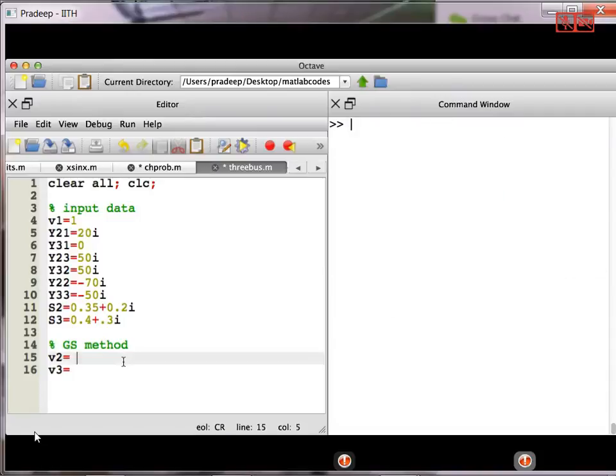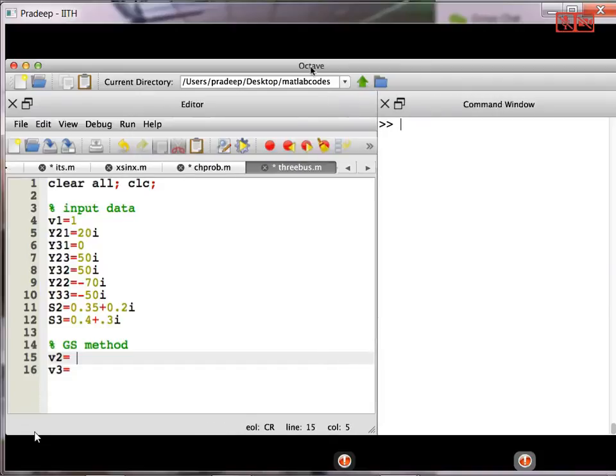So let me enter the formula. What is the formula for V2? Just now you have noted it down, so that formula I'll enter here.